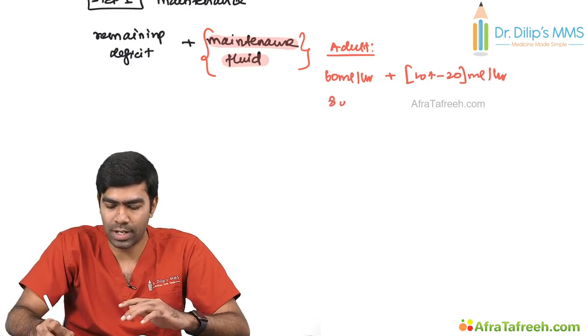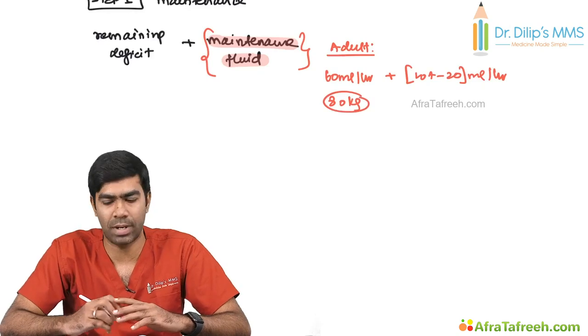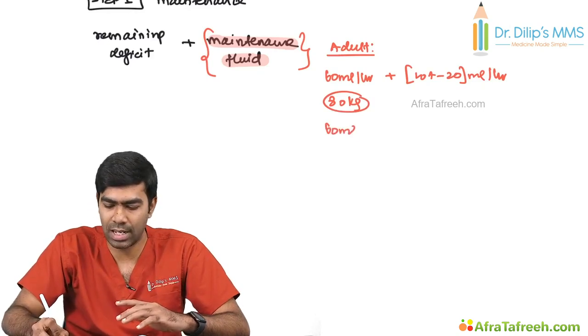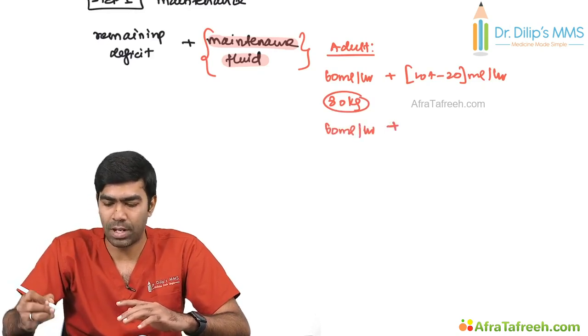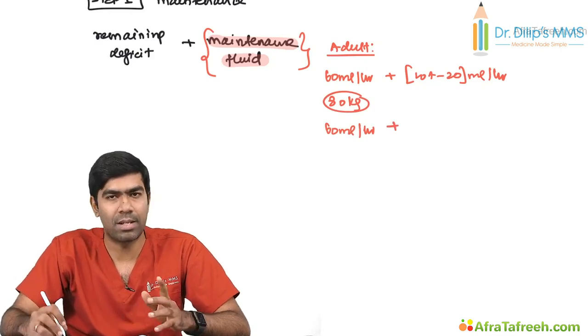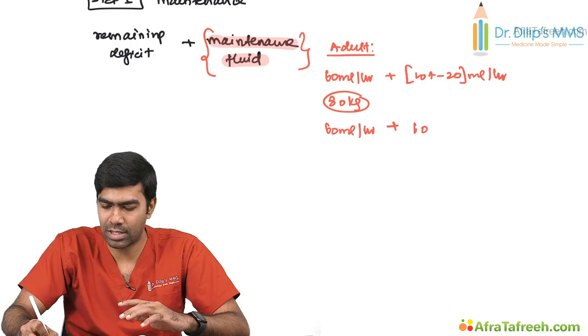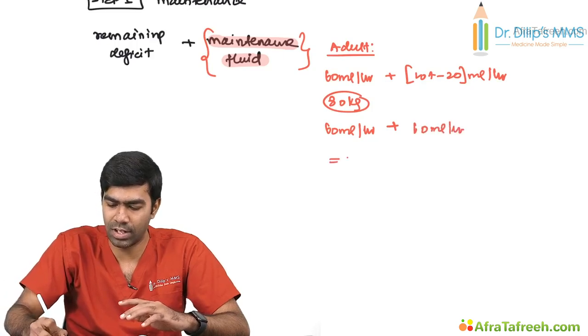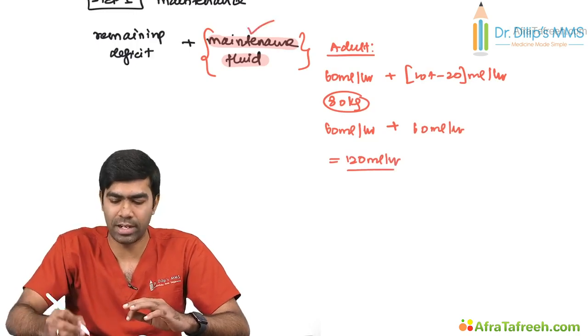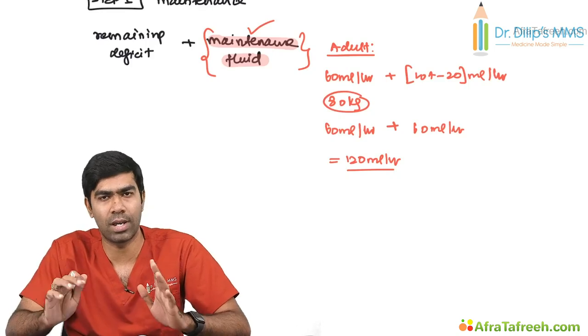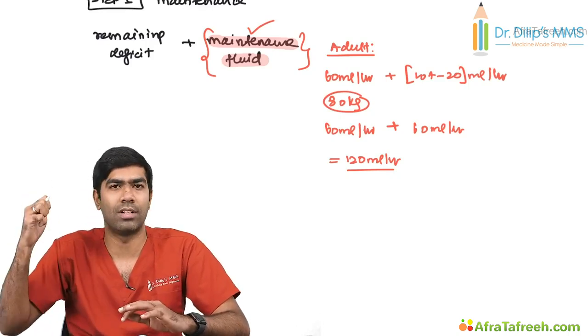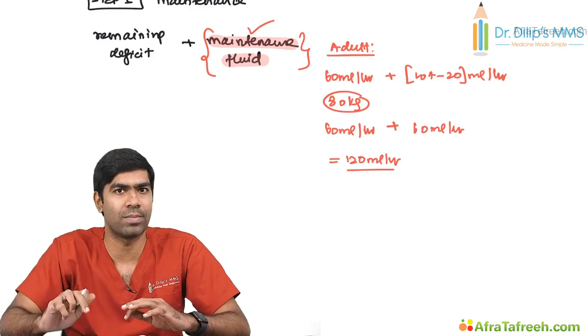So let us take our prototypical example, standard example, 80 kilogram man. So here you will be giving 60 ml per hour plus weight is 80 minus 20, which is another 60 ml per hour, that is roughly equivalent to 120 ml per hour. So in our example, the maintenance fluid is roughly equivalent to 120 ml per hour. Along with the 2.5 liters deficit, I have to give this maintenance fluid also.